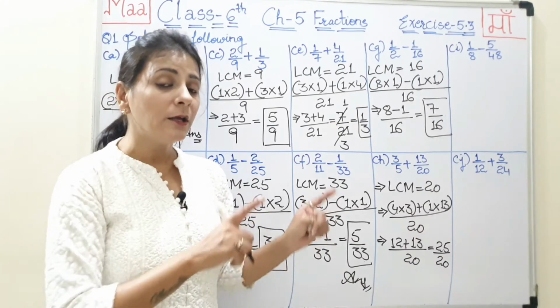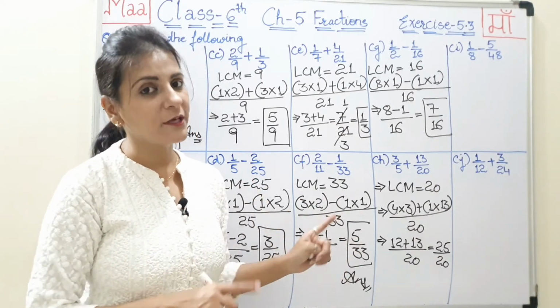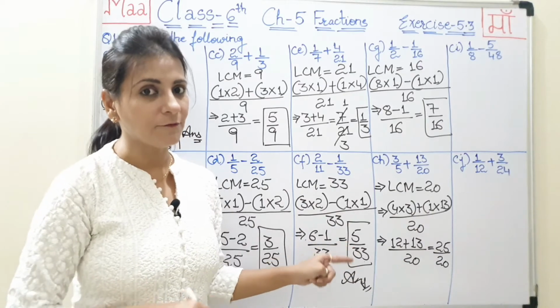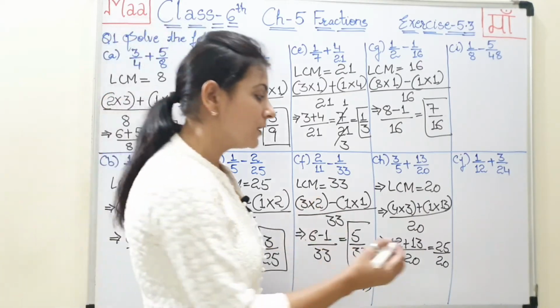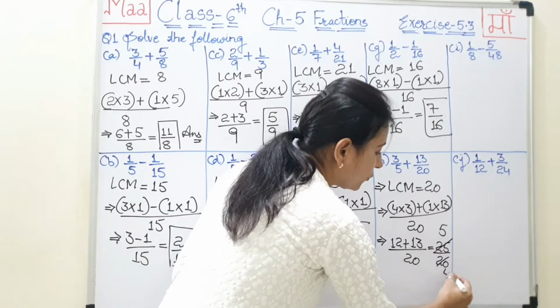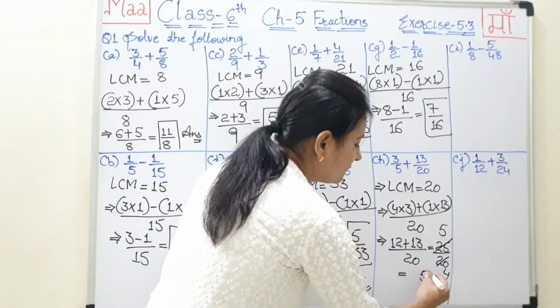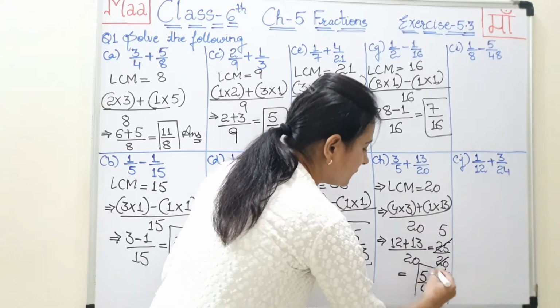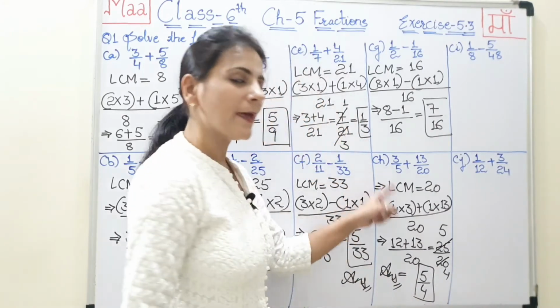Now again 25 and 20 are cancelling by the table of 5. Both the numbers are coming in the table of 5, numerator and denominator. So we will cancel it by the table of 5. So after cancelling, what you will get? 5 fives are 25 and 5 fours are 20. So now our answer will be 5 upon 4. So ये 5 upon 4 हो जाएगा आपका answer of part H.